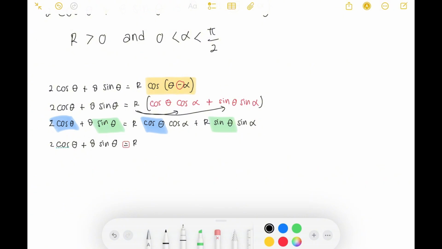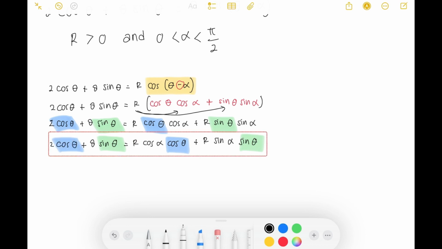Here is actually r cos alpha cos theta. Sorry, this is theta. Plus r sin alpha sin theta. Now, let's see what relation that they have. Here cos theta, here cos theta. Sine theta with sine theta.